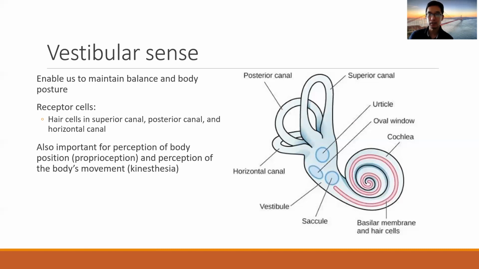Nociception is about the feeling of pain, and thermoception is about the feeling of temperature. And also somatosensation. Somatosensation is about touching. We will not cover those in this course, but you can learn more by reading the textbook or other materials.